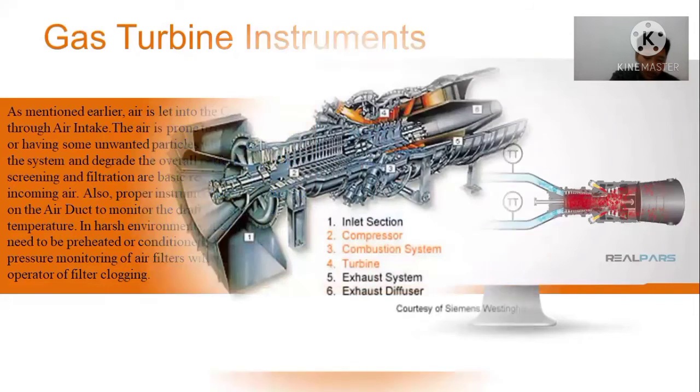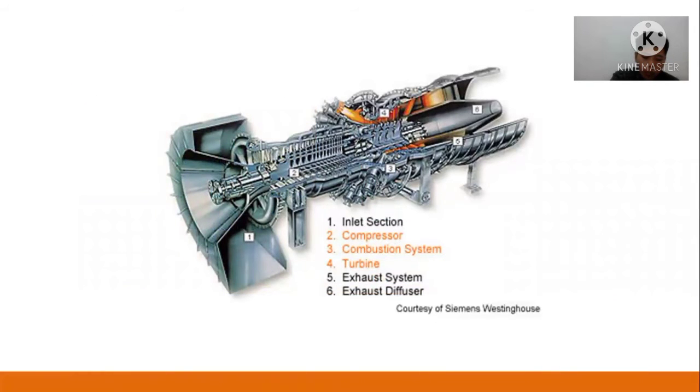Okay, next, these are some parts related to turbine. Here is inlet section, compressor, combustion system, turbine, exhaust system, exhaust diffuser.